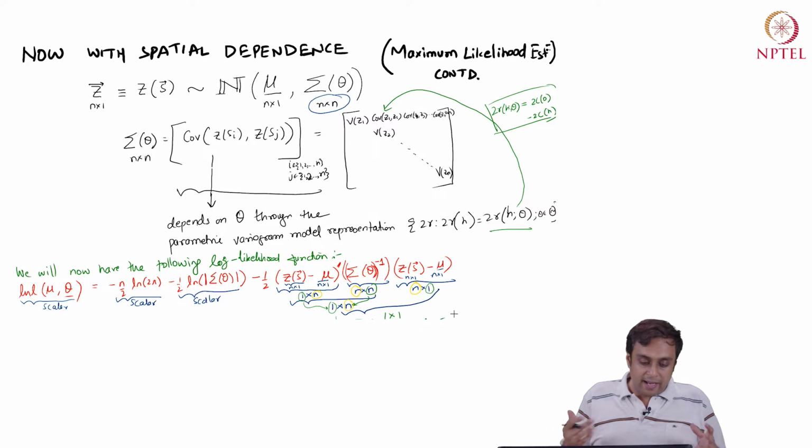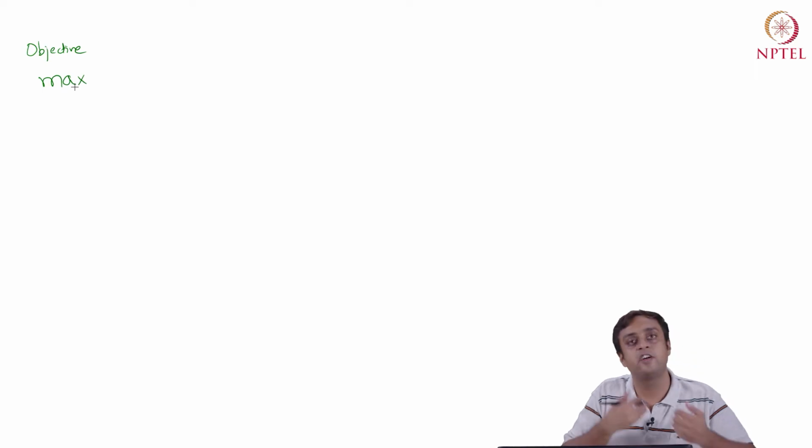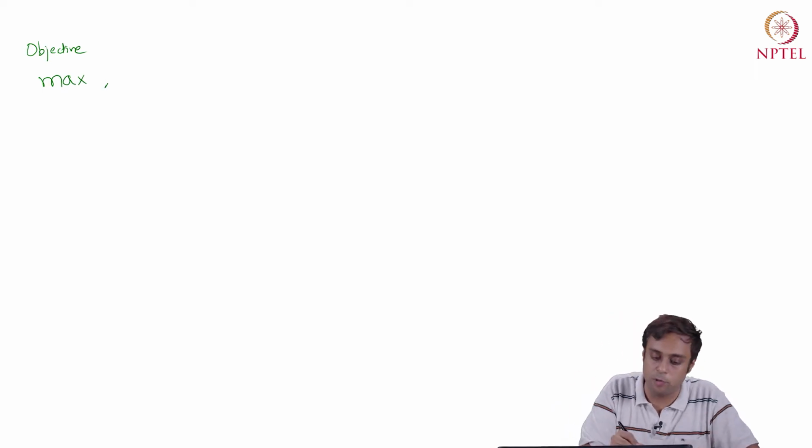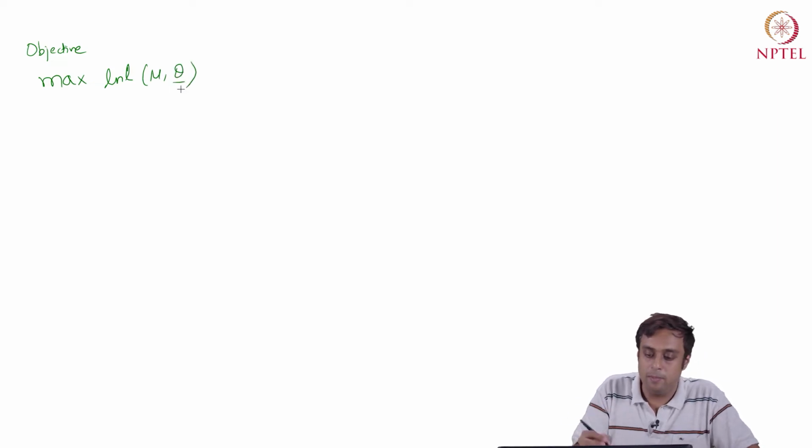The fact is that I am trying to maximize my objective, because I am working with maximum likelihood. So I am going to maximize log ln L of mu, theta.